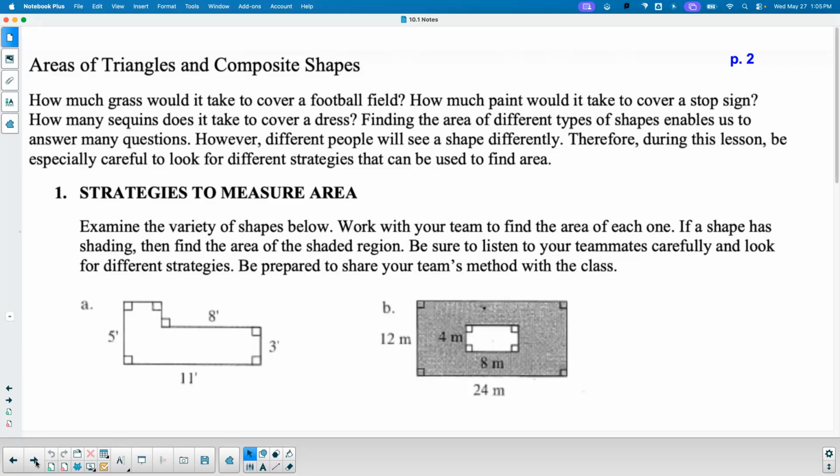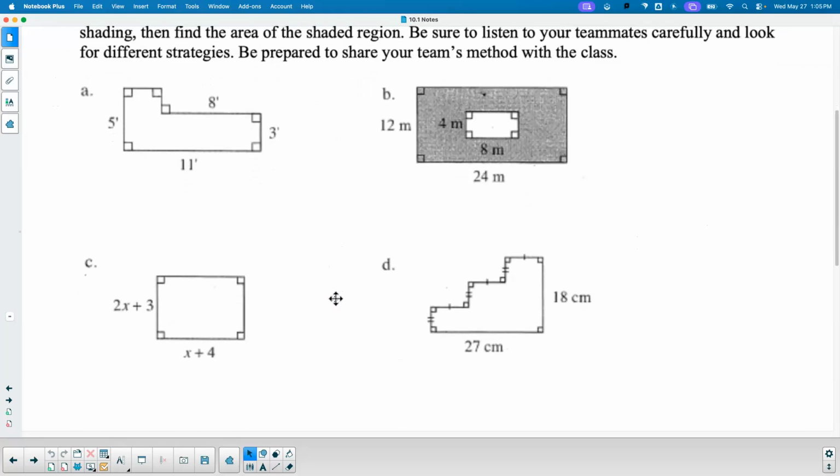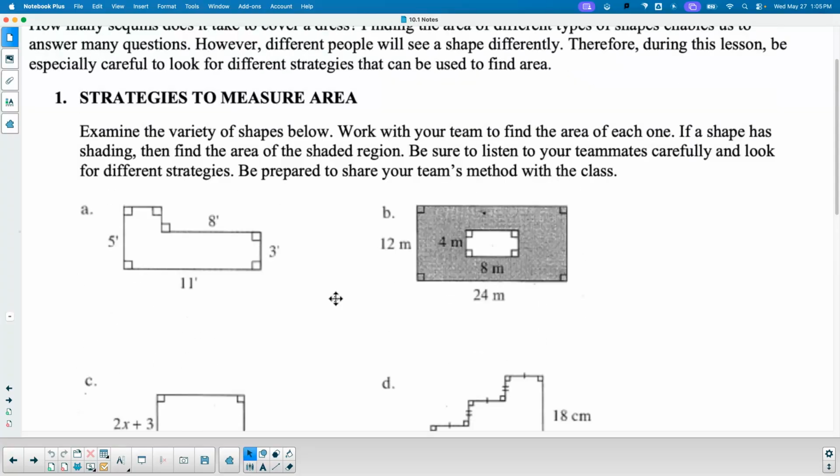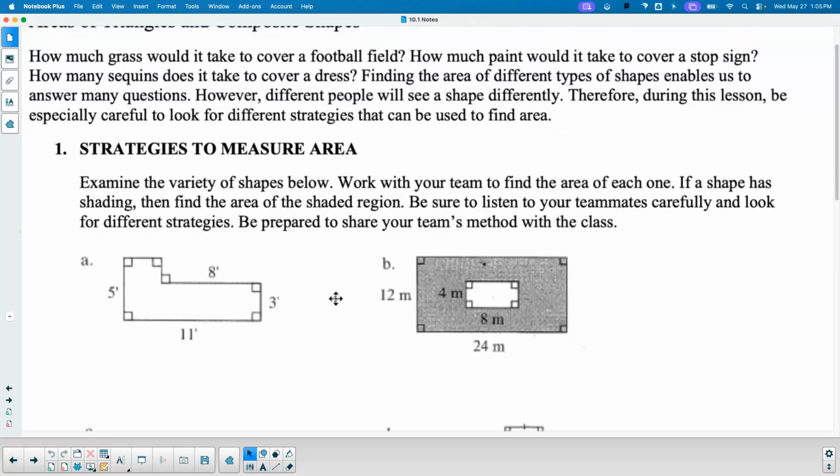So those are all different size shapes. If you'll notice here on these first 6, we need to find the area of the figure. It's asking just for area. It helps to know what we're doing because that's going to tell us if we're multiplying or adding.